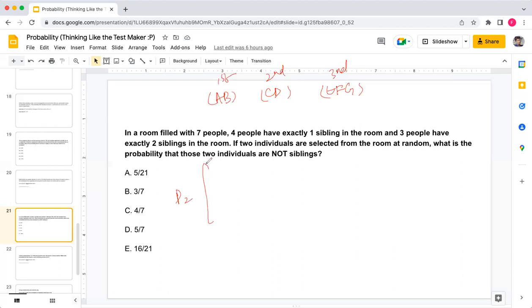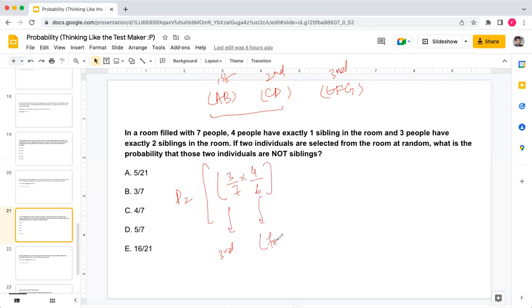If I do it this way, if I pick the first person from the third group, that is 3 by 7, and I pick the second person from the first two groups, that will be 4 by 6.